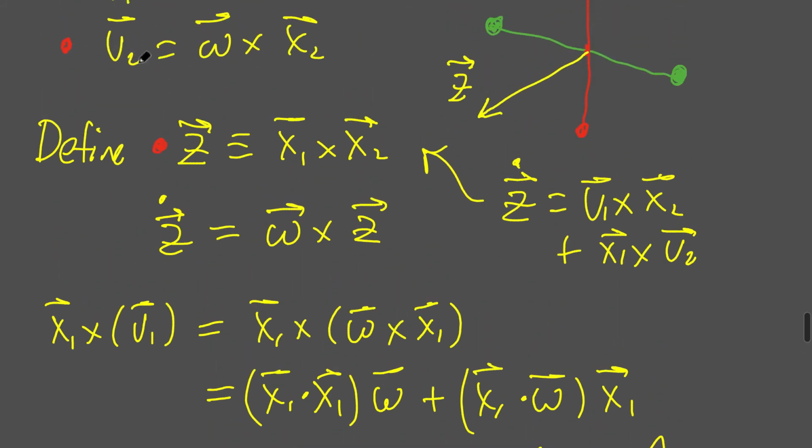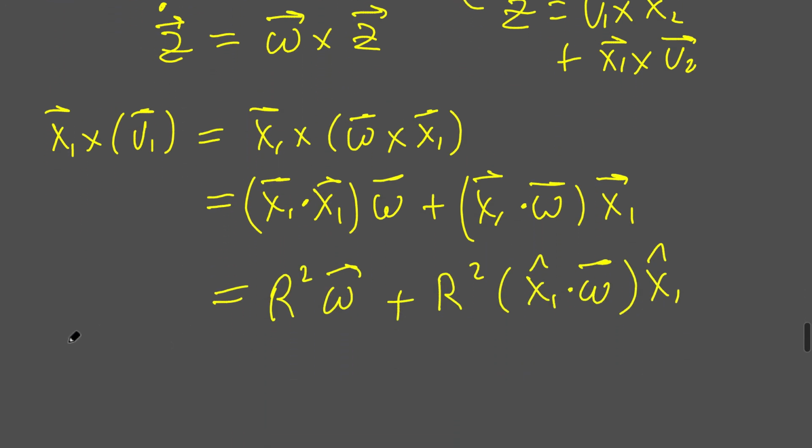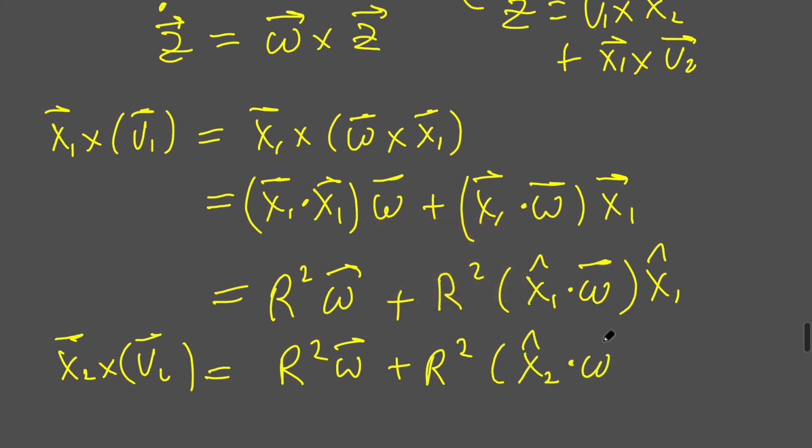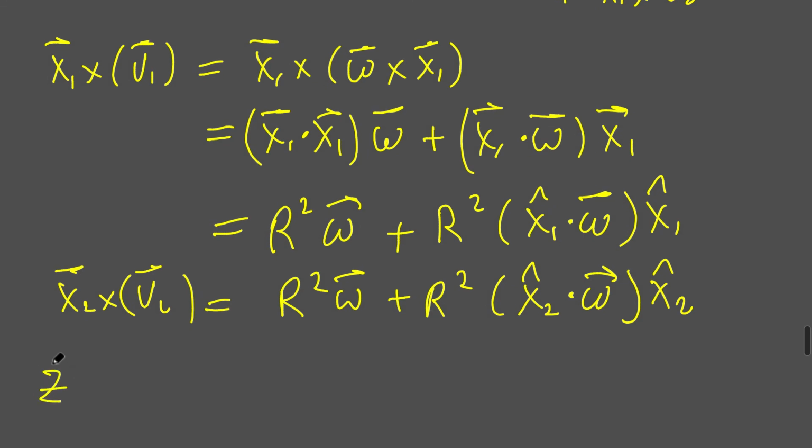First of all, for the v2 equation, we have x2 cross v2 equals r squared times omega plus r squared times x2 hat dot omega x2 hat.